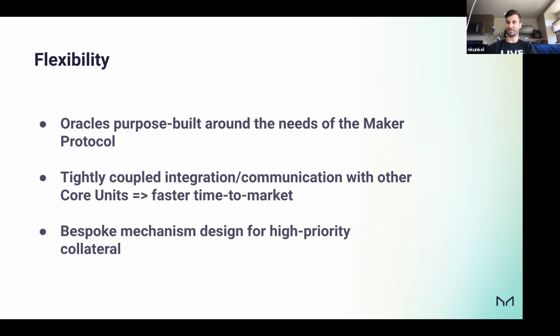We're coming out with Sushi LP tokens in the next few weeks. Should we have perhaps pushed on that sooner? Maybe, who knows? But the point here is that having an Oracle core unit gives you the ability to tap into that agile workflow versus trying to coordinate on an external vendor's workflow.